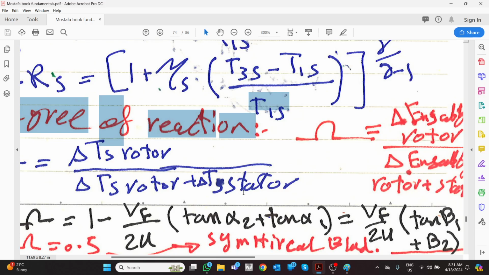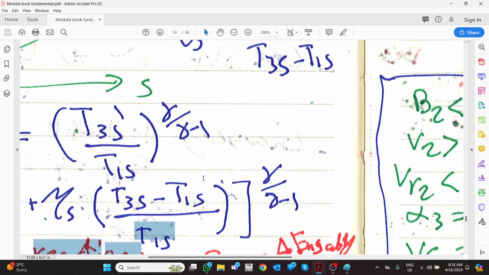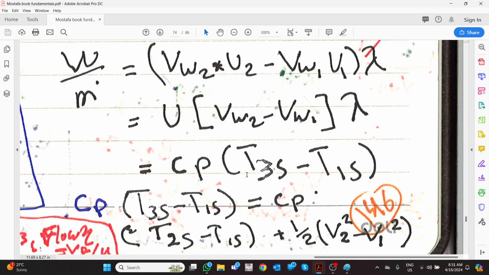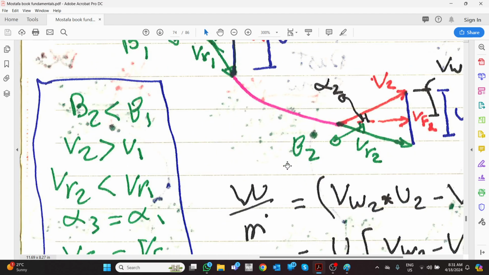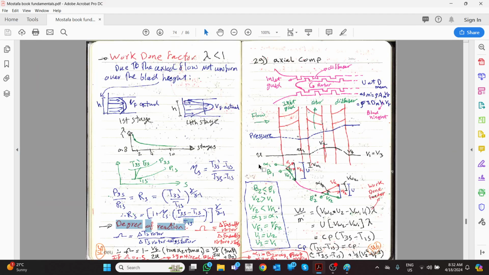So whatever you get from the stator is equal to what you get from the rotor. What do you get from the stator? As we discussed here, from 2 to 3, the enthalpy you get from the stator. This is just a definition: if a case is written as symmetrical, you need to understand what that means, or if it is written as degree of reaction equal to 0.5, or these alphas, you can understand. Mainly it is just definitions to understand. That's it.